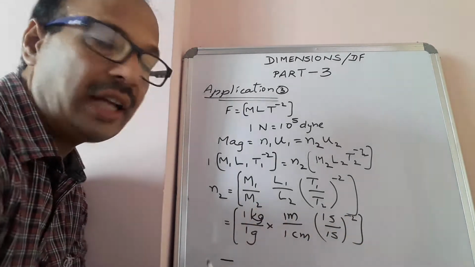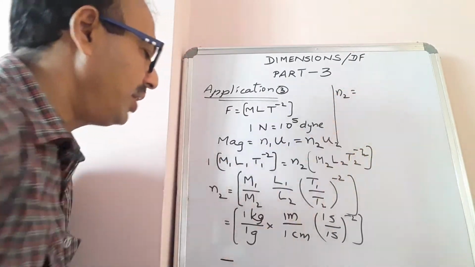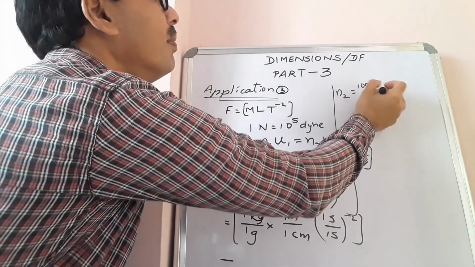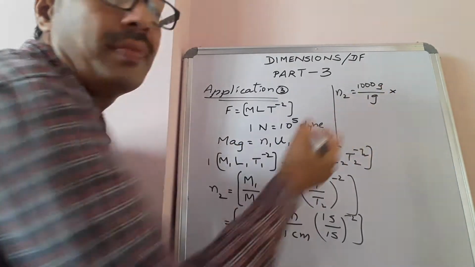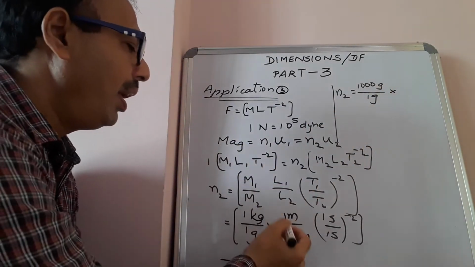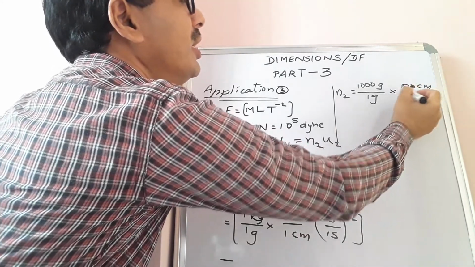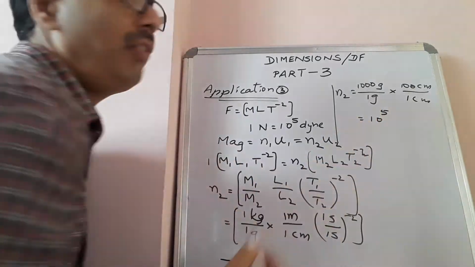Now if you want to cancel these, n2 is equal to 1 kg is 1000 gram by 1 gram, 1 meter that is 100 centimeter by 1 centimeter, so you will get 10 power 5.